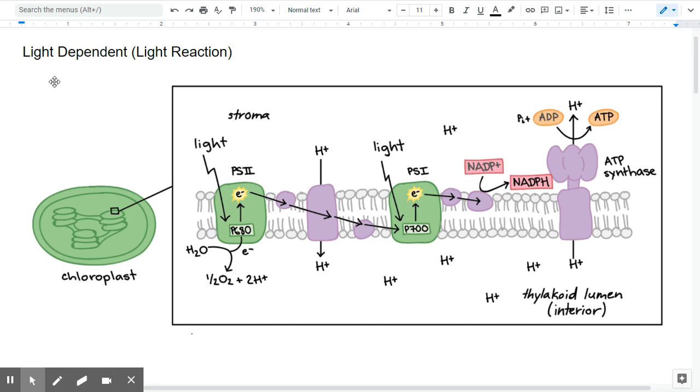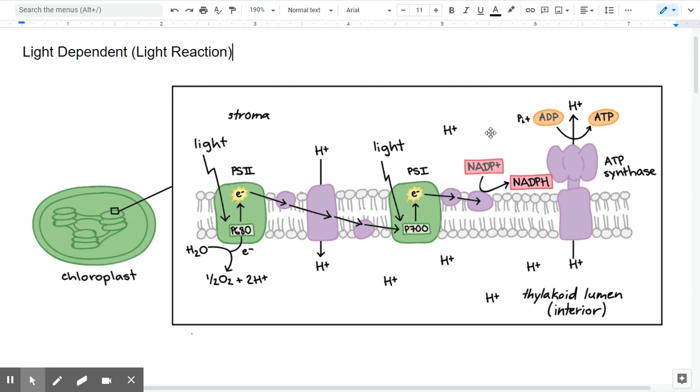So here's our chloroplast, and like we were talking about, this reaction happens in each of our thylakoid membranes specifically. Okay. And in this picture, we zoom in, and this is the membrane, as you can see, with your little phospholipid bilayer there with its little proteins in between to show that it's a membrane.